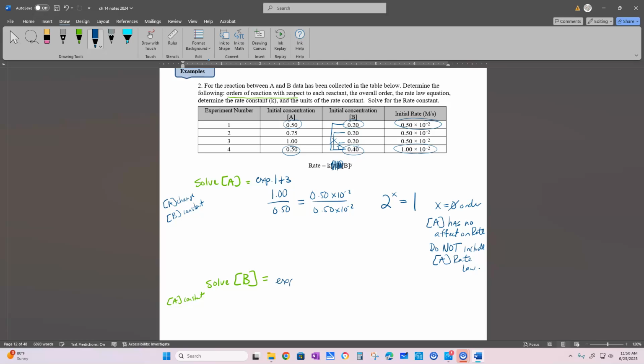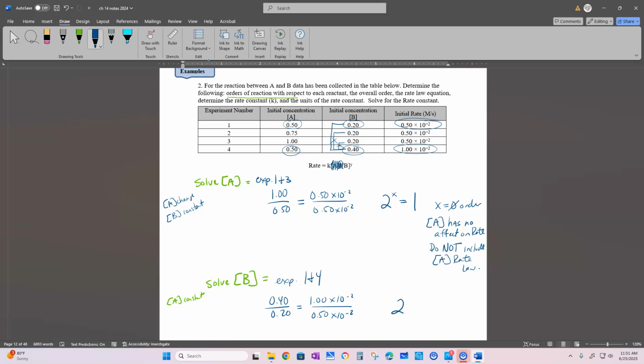So I'm going to tell them using experiments 1 and 4, big number over small number. So 1.00 times 10 to the negative 2 over 0.5. Okay, 4 divided by 2, well, that looks like it's going to be 2. But let's not trust the brain today.